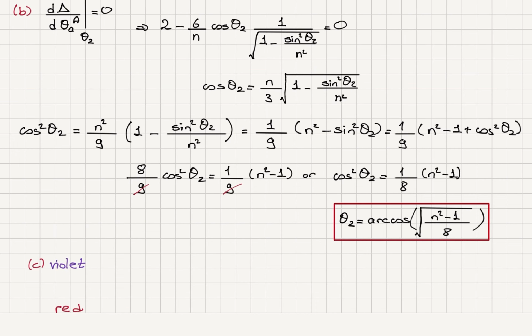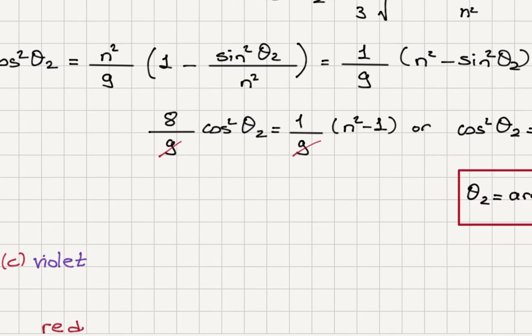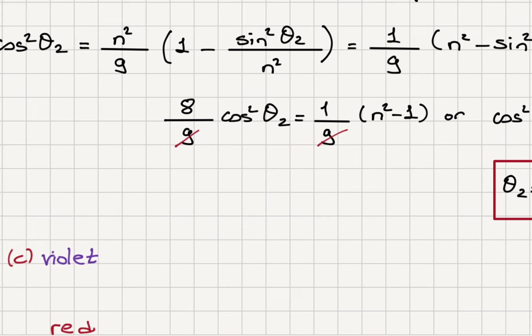Explain. Now we have the index of refraction for violet, which is equal to 1.342.